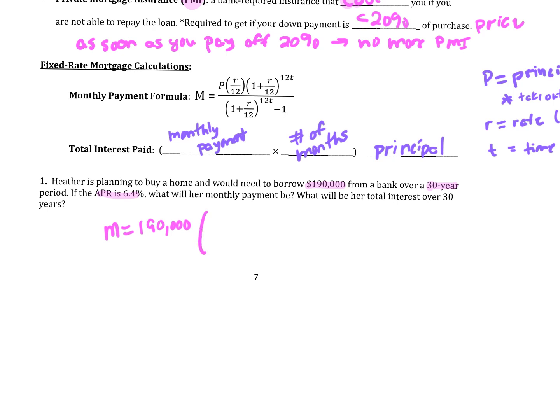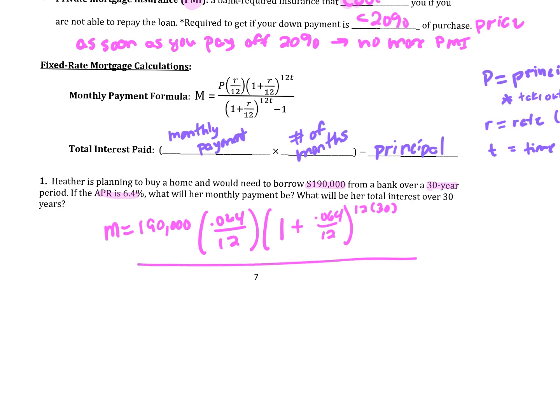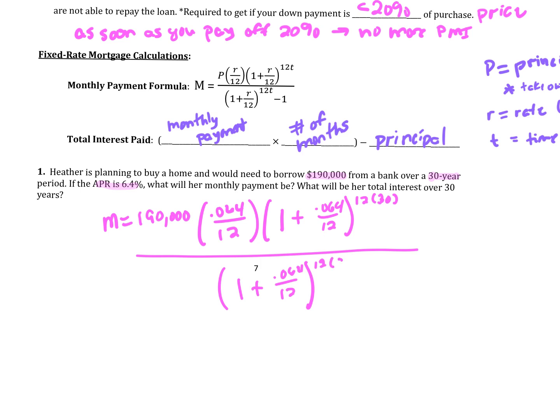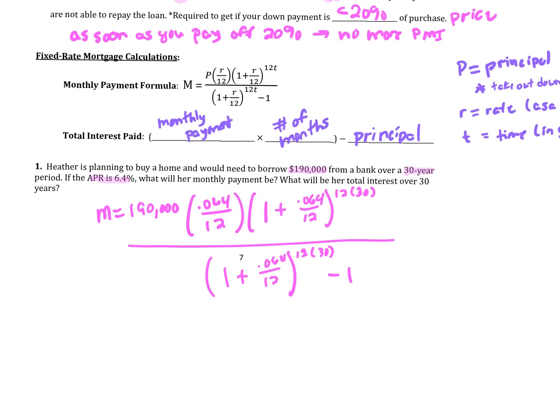So we are doing what? 0.064 over 12 times 1 plus 0.064 over 12, raised to the 12 times 30, because it's 30 years, all over 1 plus 0.064 all over 12, raised to the 12 times 30, and then minus 1. That formula is just crazy.